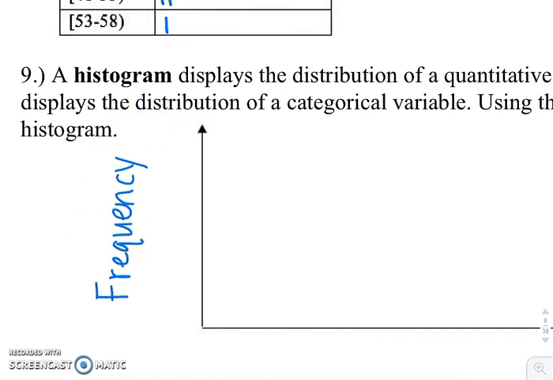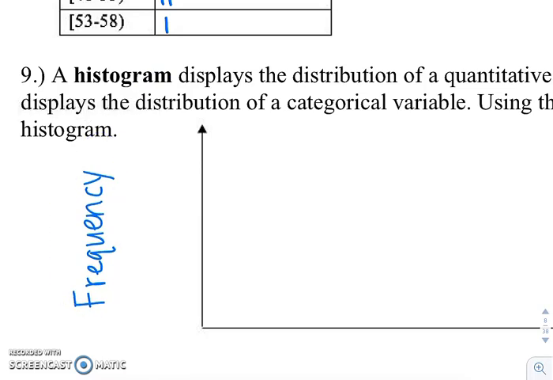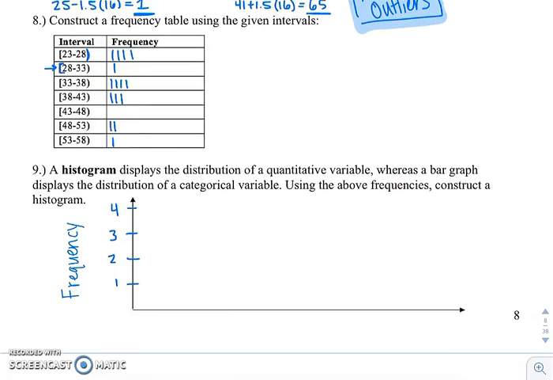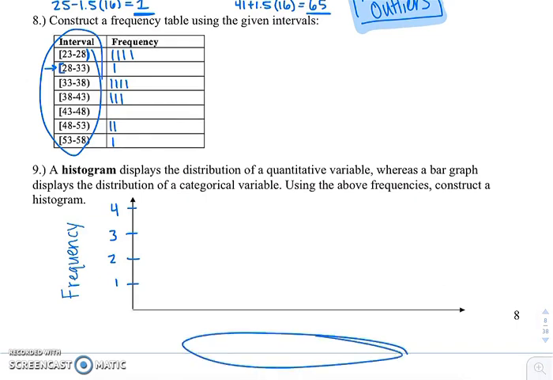And since we don't have one that occurs more than 4 times, we only have to go up to 4. So our frequencies go on our side, and then our intervals go on the bottom here.